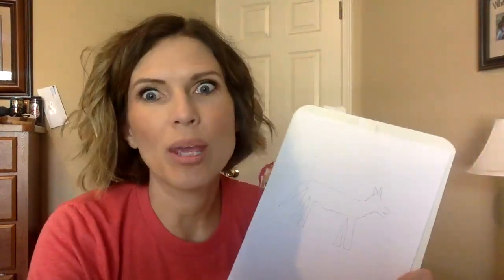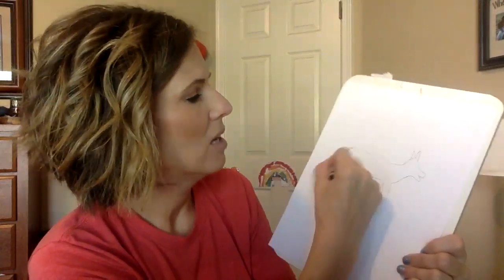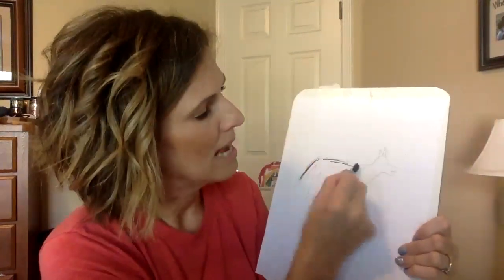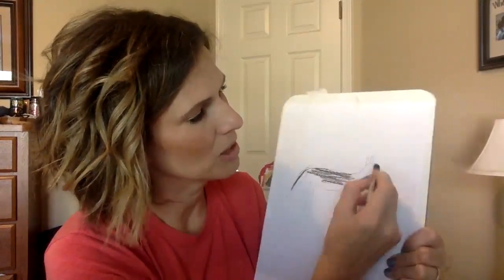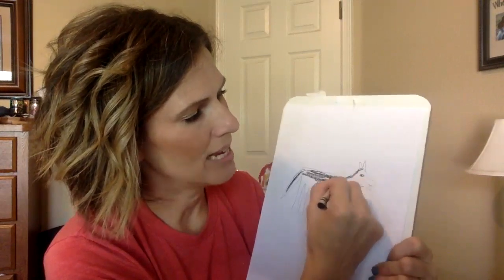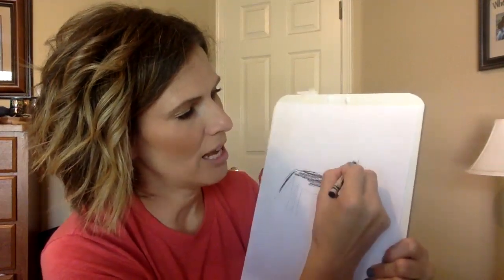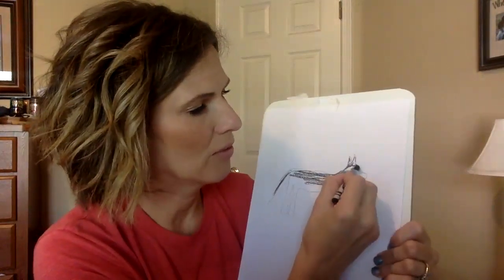Now, doesn't look like Wyatt yet, so I need to add some colors. Now Wyatt, oh, he was, like I told you, he was beautiful. He was black on the top, and then he was a little bit brown underneath. So mostly black on the top. Let me put his eyes on there. He had his big eyes. Oh, and he had hair everywhere. He shed everywhere. That means his hair would come out, and we'd have hair all over the floor.